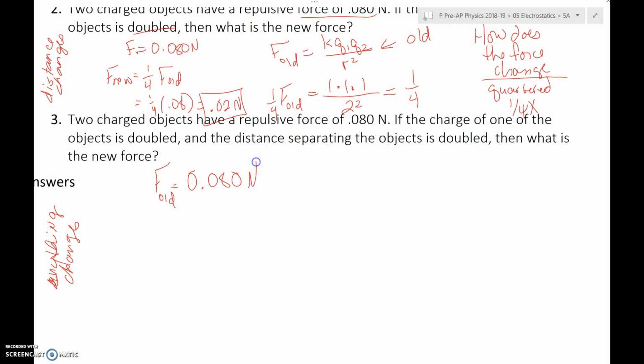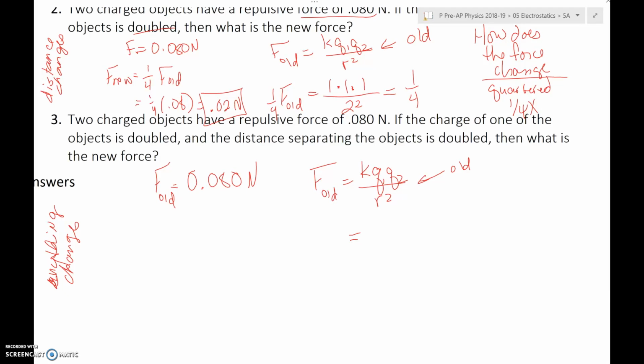So the old force is 0.08 newtons. And the old force was found using this equivalency, the same one we've been using all along, Coulomb's law. So here's our old. Let's figure out the new. It says two charged objects have a repulsive force of 0.080 newtons.